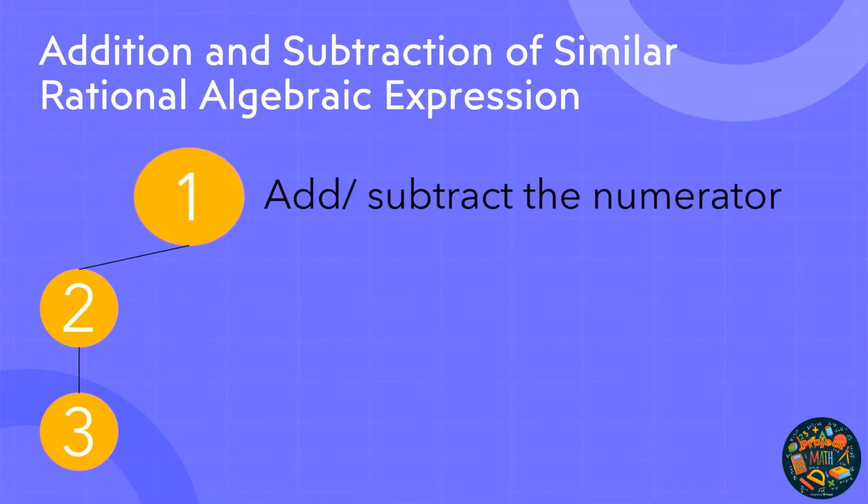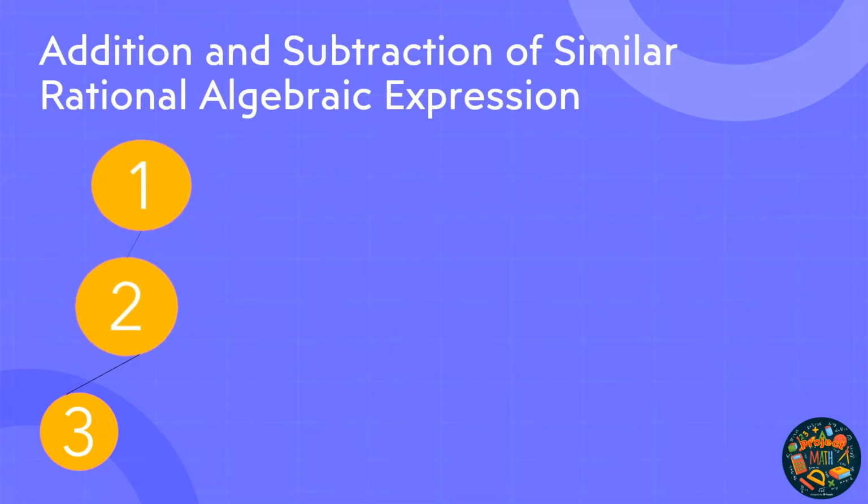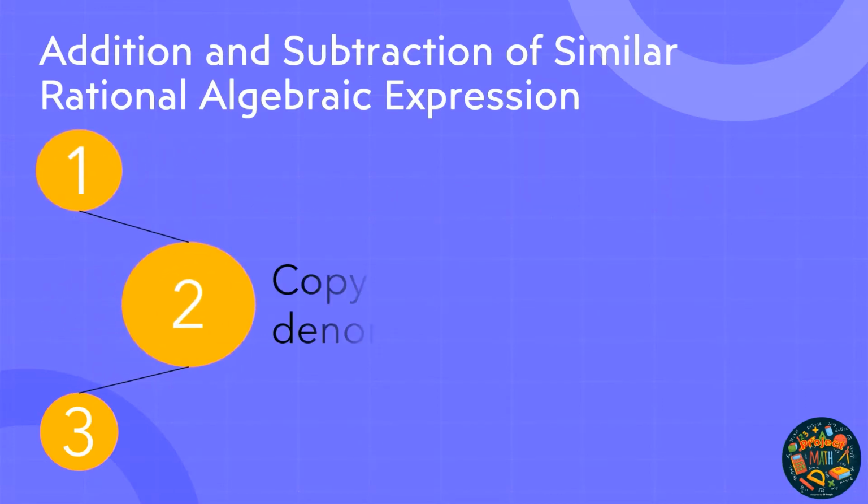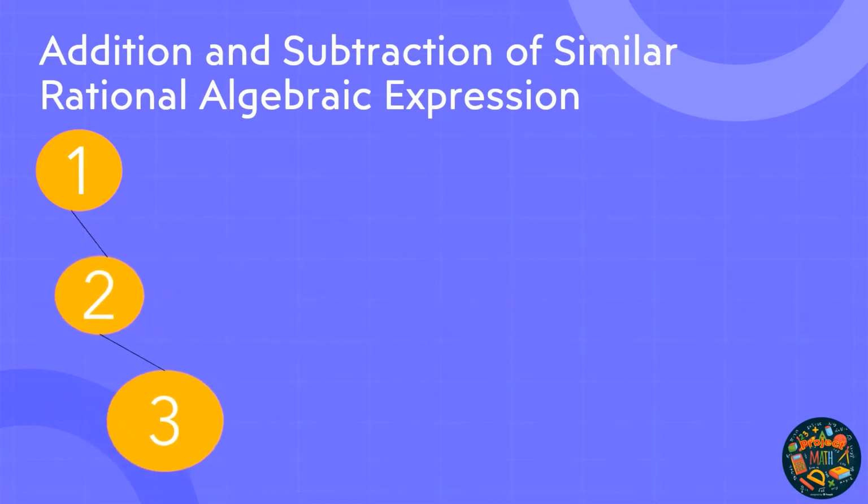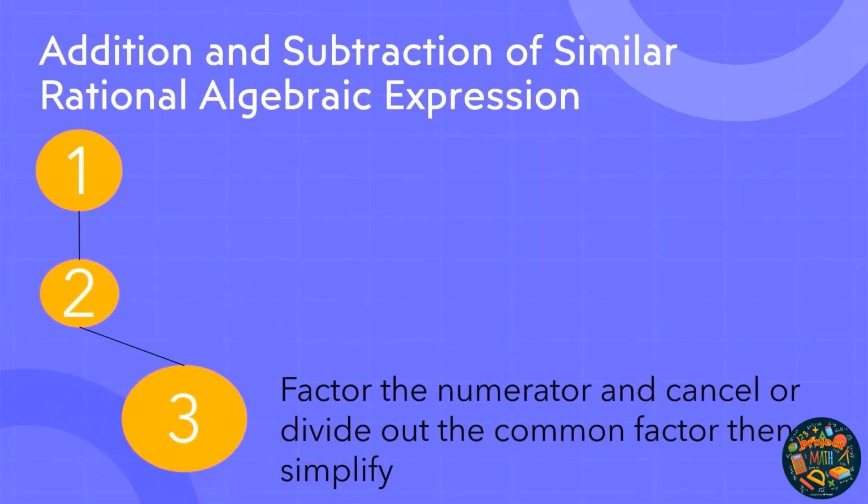Add or subtract the numerators. Copy the common denominator. Simplify if possible. When we simplify, we factor the numerator and cancel or divide out the common factor, then simplify.